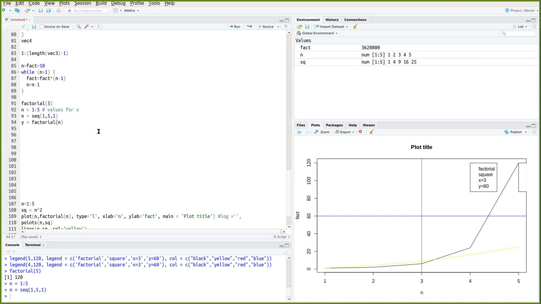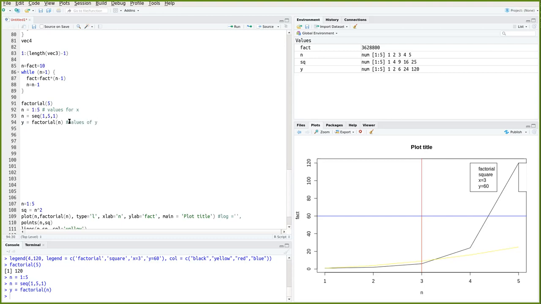I am passing this vector into this function, and it gives me another vector with the factorial of each element of vector n. So 1 factorial is 1, 2 factorial is 2, 3 factorial is 6. You can just pass a vector into these functions and it would automatically do it. I have saved this whole vector in a vector called y. So these are my values of y.